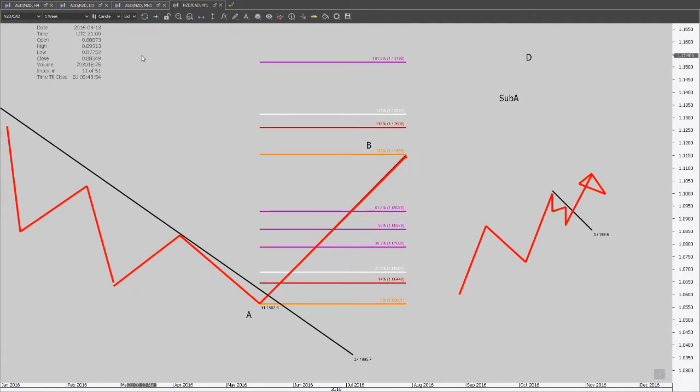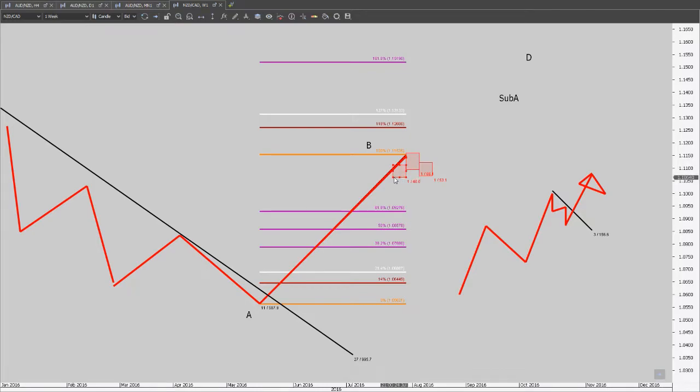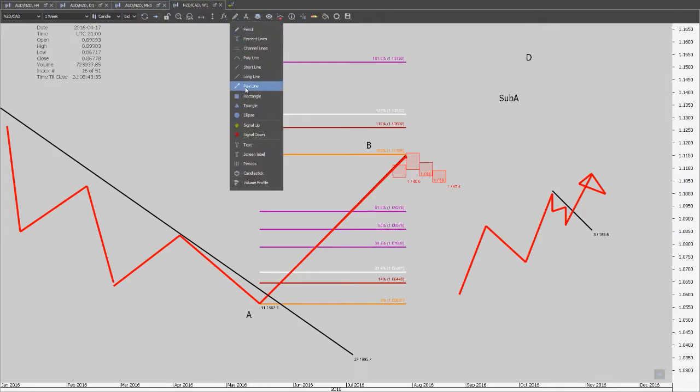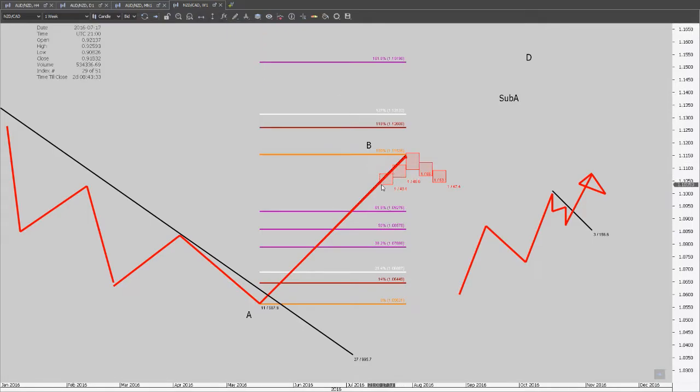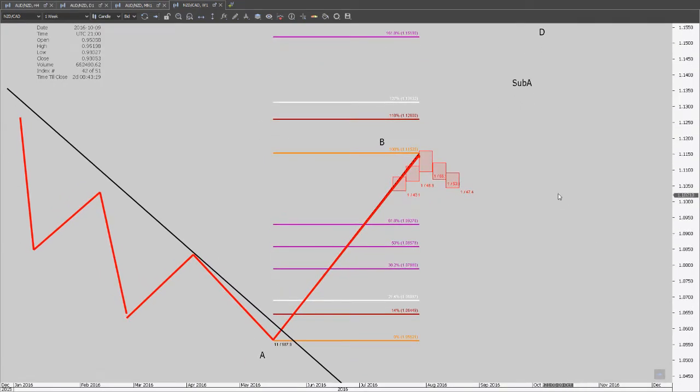Okay, now when you have the first A-B boundary and B must be a high, so it's a center candle with two candles on the left and two candles on the right, right? Now, when this happens, you don't have the crystal ball, right?